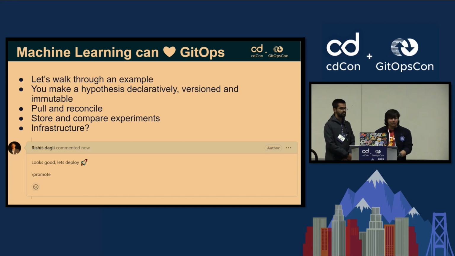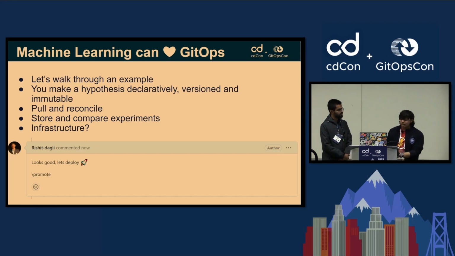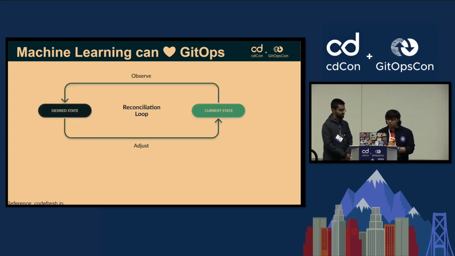So I take a look at all of these TensorBoard experiments, TensorBoard comparisons across multiple different runs, and I say this model in this patch looks good. It satisfies all things I want to do, and then I just promote it, and there you have it.